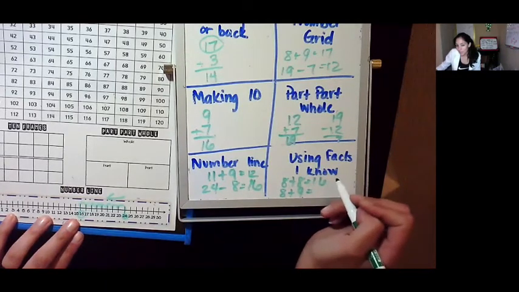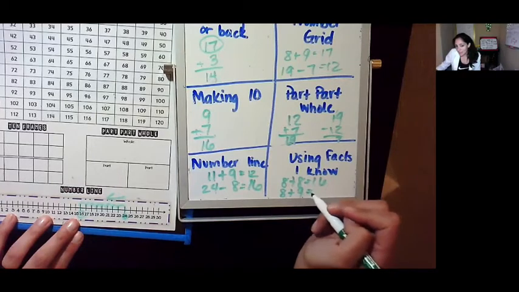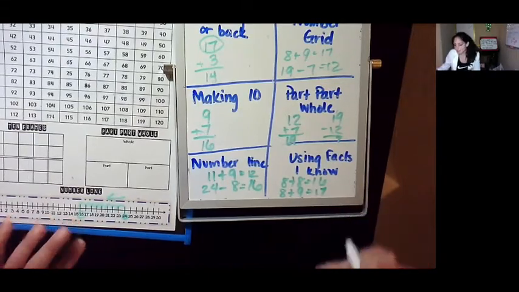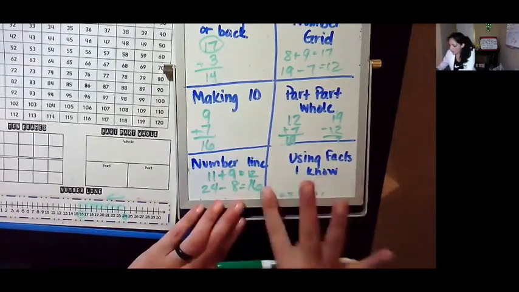So 8 plus 8 is 16. That means 8 plus 9 is one more than 16. That is 17. Nice, okay?